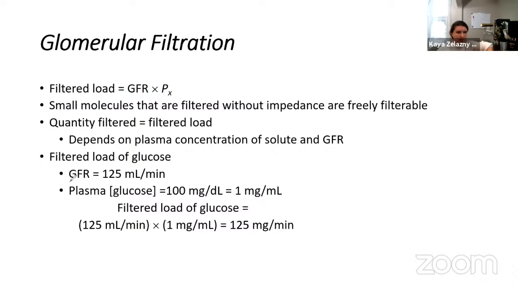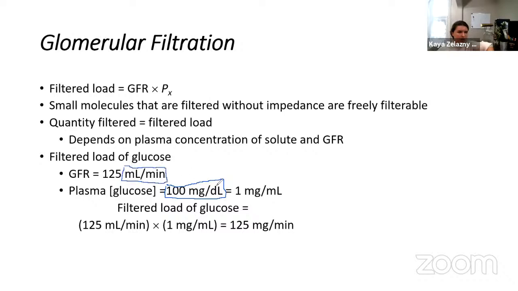Okay. So here we see that calculation at the bottom. The typical plasma concentration of glucose is 100 milligrams per deciliter. Now to actually do this calculation, which I believe you did way back in Phys 1 lab, you're going to take this 100 milligrams per deciliter and convert the units, because we know that our GFR is in milliliters per minute.